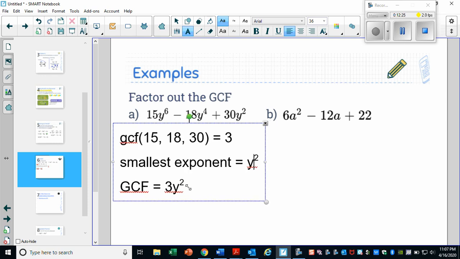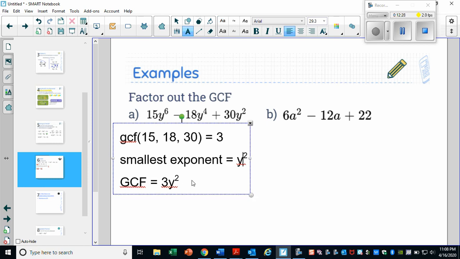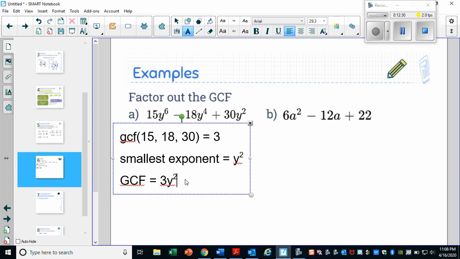And then what you would have to do in your last step, of course, is divide each and every term. Sorry about the delay here.